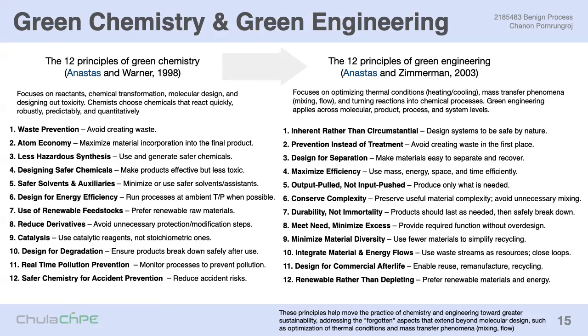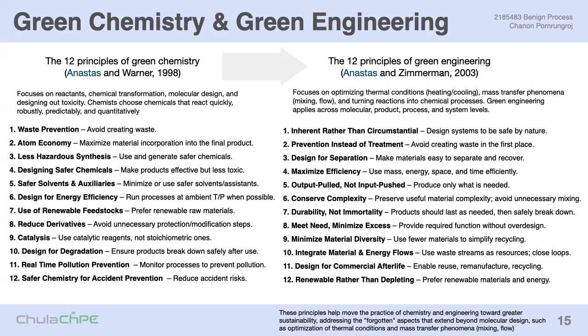These are the 12 principles of green chemistry, such as waste prevention: avoid creating waste. Atom economy is similar to a mass balance, where we want to optimize at the atomic level so the end product is as high as possible with less waste.